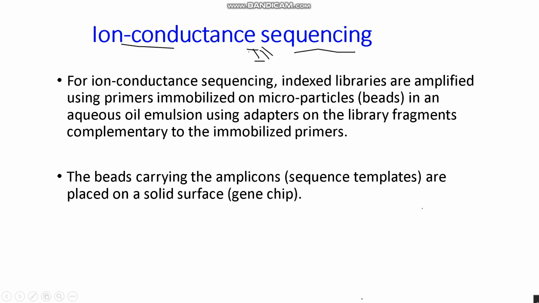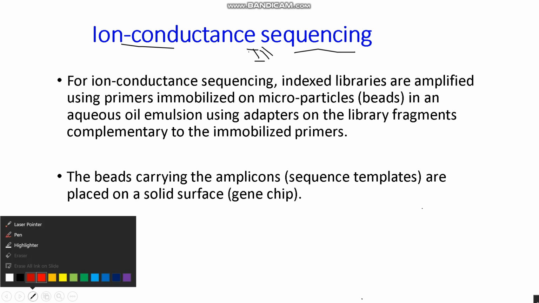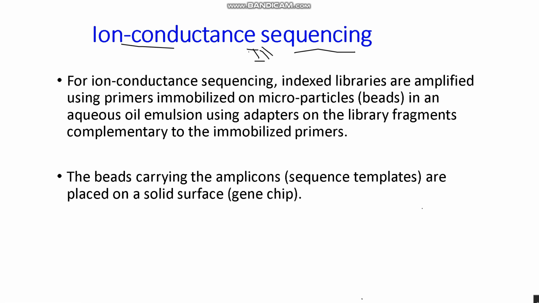In ion conductance sequencing, indexed libraries are amplified using primers that are immobilized on microparticle beads in an aqueous oil emulsion, using adapters on the library fragments complementary to the immobilized primers.